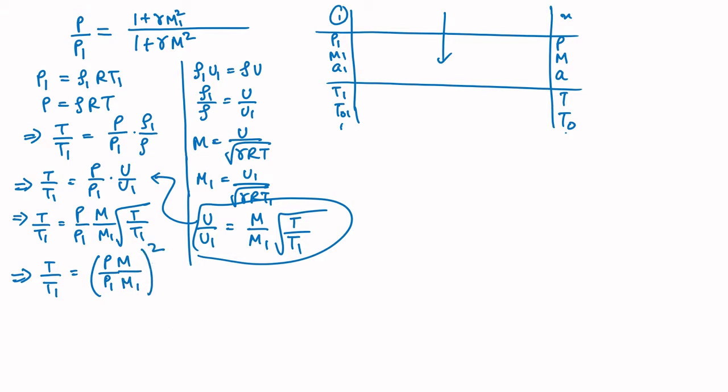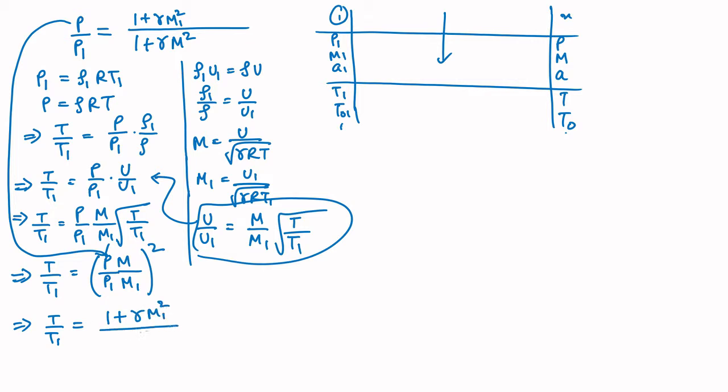So now I can use this relationship and put it here. This will imply T by T1 is equal to 1 plus gamma M1 squared divided by 1 plus gamma M squared, all multiplied by M by M1 squared.